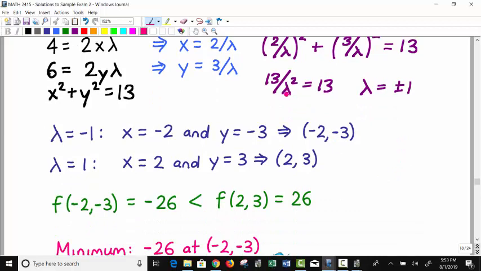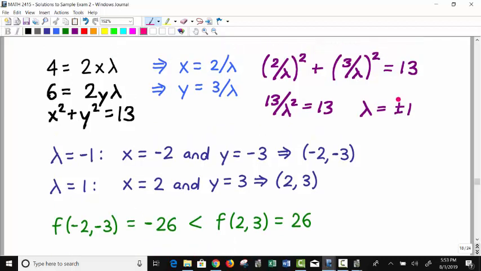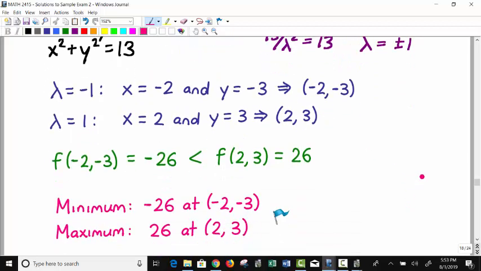So that's basically the same thing as saying lambda squared equals 1, so lambda would be plus and minus 1. This didn't work out too bad this way, actually. So you take lambda equals -1 and plug them right in here. You'll get 2 over -1, 3 over -1, you get -2, -3. Plug in 1, you get 2 over 1, 3 over 1, you get 2 comma 3. Those are your 2 points.